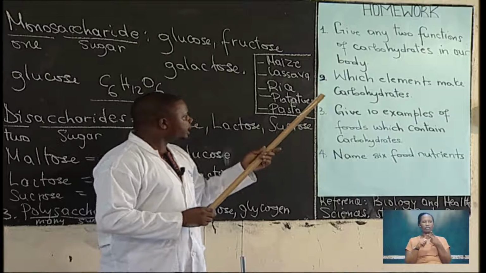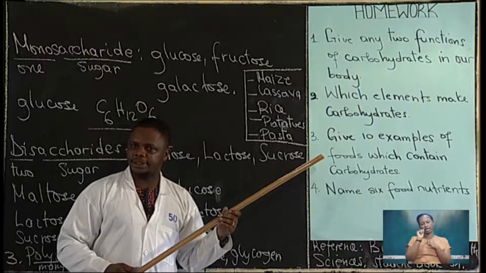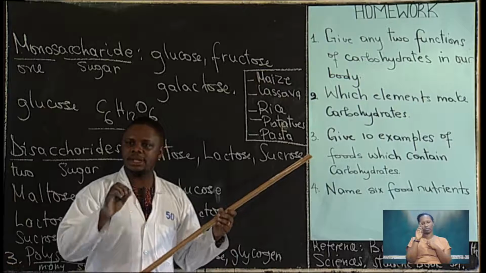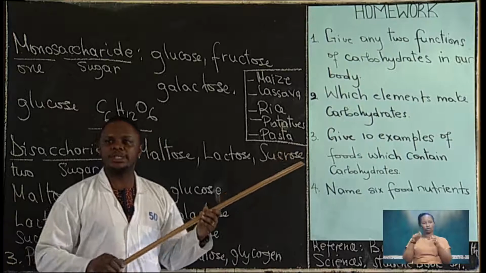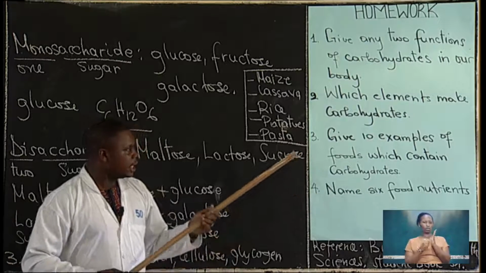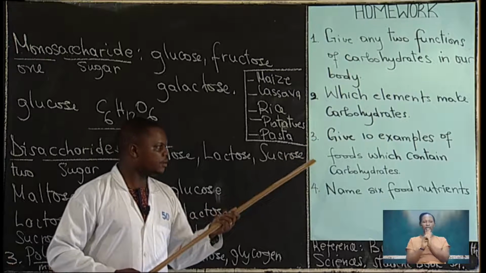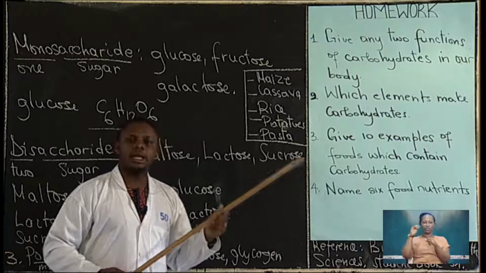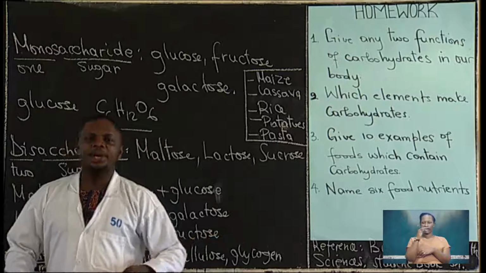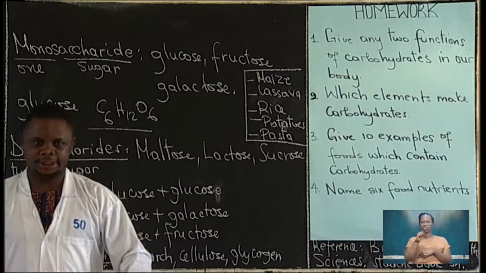Question 2, which elements make carbohydrates? You must be able to mention those elements. Question 3, give 10 examples of foods which contain carbohydrates. Here, you can even give more than 10.